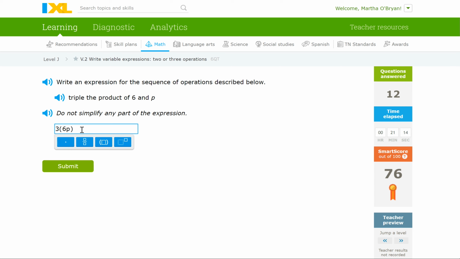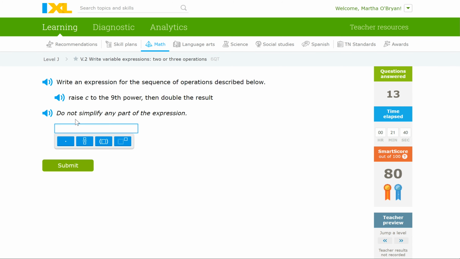I could also write that using the dot as the operation, so I could do 3 times 6 times P, and that's the same exact thing. This is the same as just leaving all of the dots out and just letting multiplication be implied.